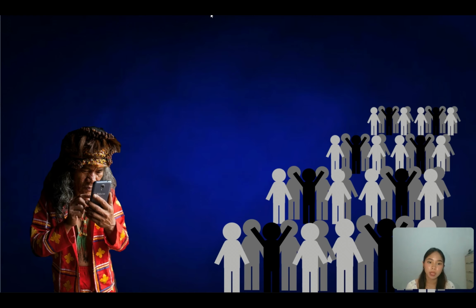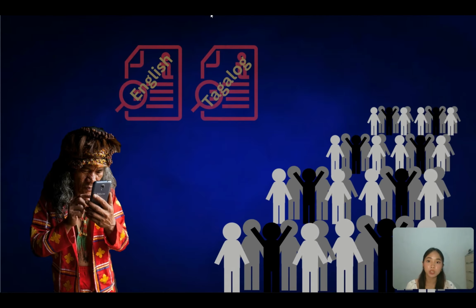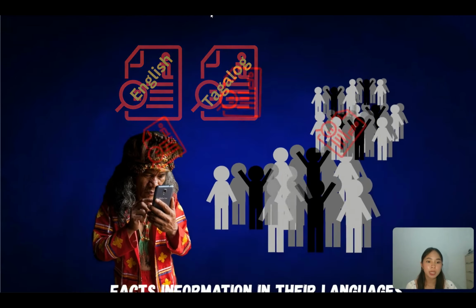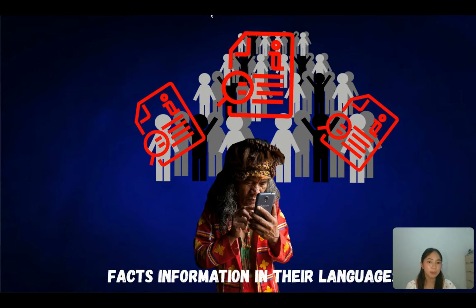So in many rural areas, verified fact-checked information only exists in English or in Tagalog. If a Manobo speaker can't find the truth in their own native language, they are forced to rely on whatever is available, which can lead to unverified copy-paste news from social media.